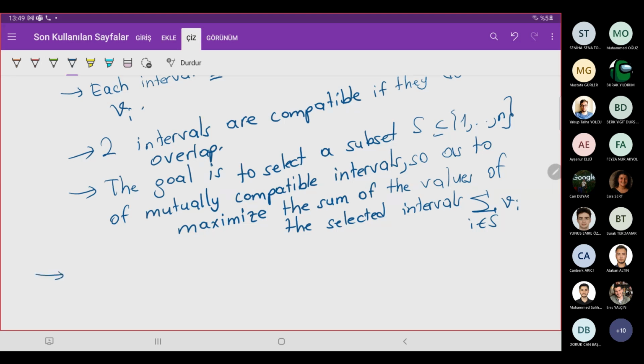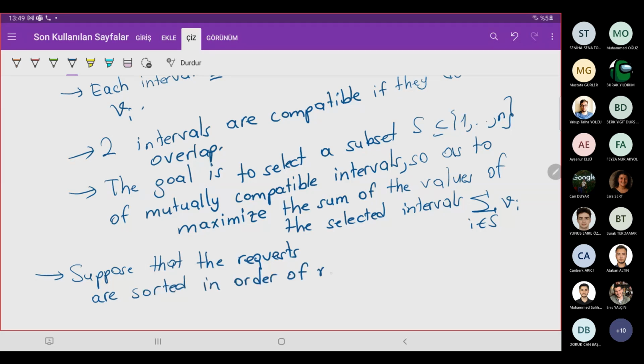Suppose that the requests are sorted in order of non-decreasing finish time, let's say F1, F2, etc., Fn.